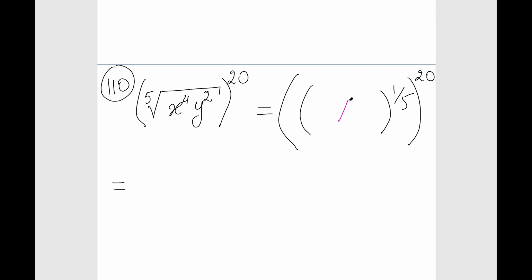If this is an a here, what's the answer? Oh, by the way, what's a again? It's x to the power 4 y squared, right? So this whole thing, I'm gonna erase it and replace it by a.